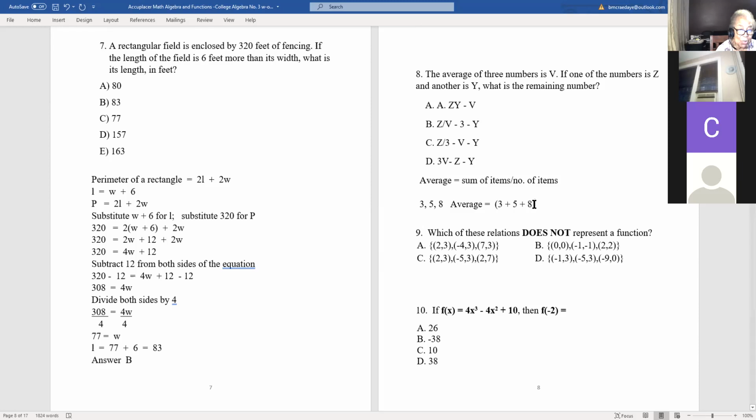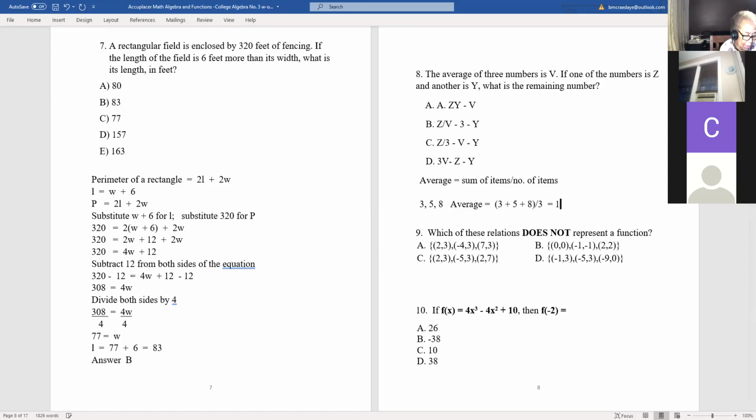And how many items do I have? No, I have 3 items: 3, 5, and 8. That's the number of items. So it will be the sum of the items, 3 plus 5 plus 8, divided by the number of items, which is 3. So 3 and 5 is 8, and 8 more is 16.